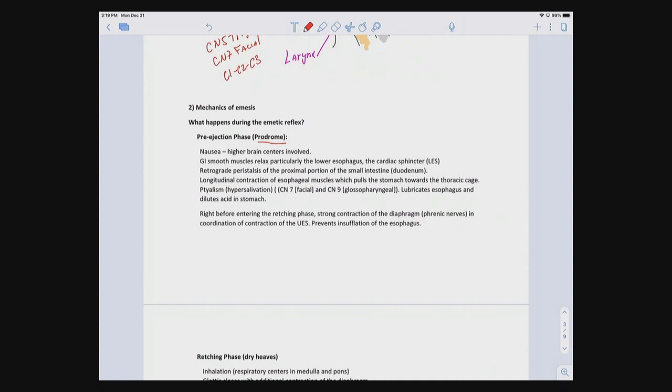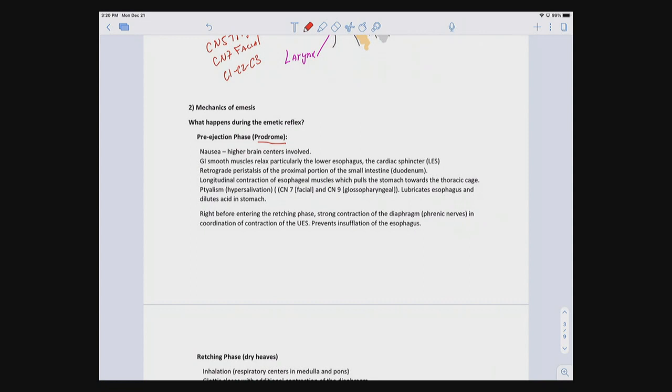So pre-ejection phase or prodrome, obviously nausea. It is not the case that nausea always precedes vomiting, but for the vast majority of the time it does. It is theoretically possible for someone to vomit without nausea, but that's rarely the case. Usually nausea is involved.